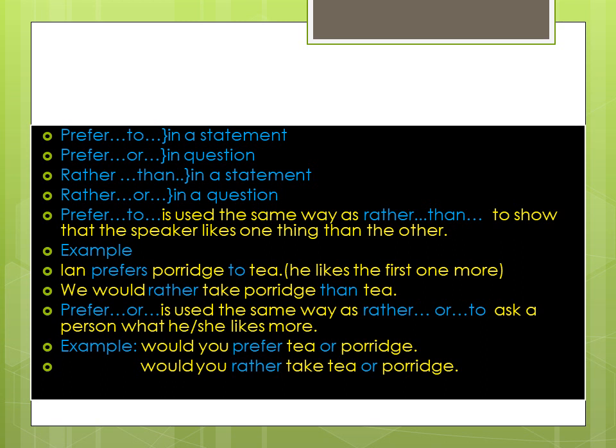For example, Ian prefers porridge to tea. This means he likes the first one more. That means he likes porridge more than tea. He likes the first one, that is porridge, more than the second one, that is tea.